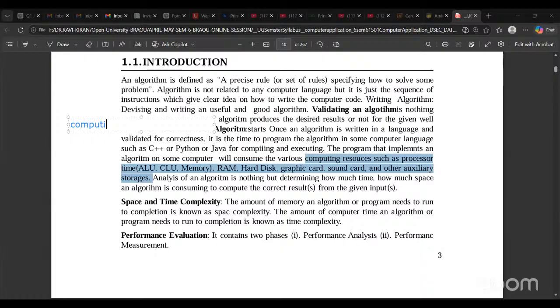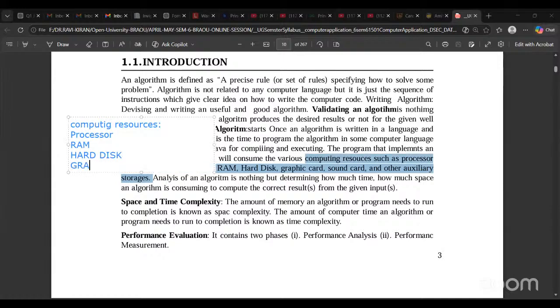So what are the computing resources? One resource is the processor. The second resource is RAM. The next one is hard disk.